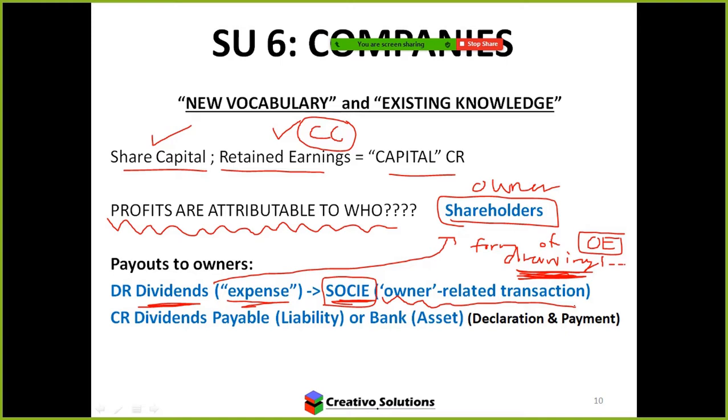Owner-related transactions, where did they go? They went straight to the SOCI, right? And that's something that you can always remember. It doesn't matter what type of business you're looking at. You're always going to show owner-related transactions in the statement of changes in equity, because that's what the statement is there to do. It's there to show who gets the profit.